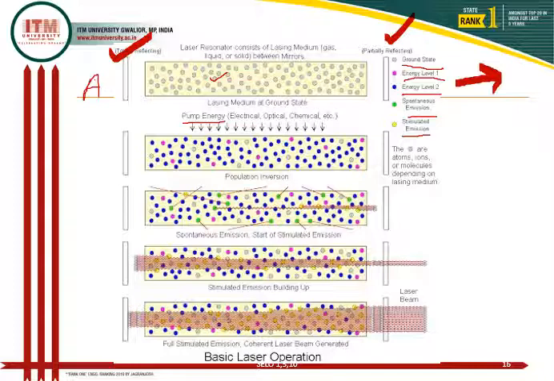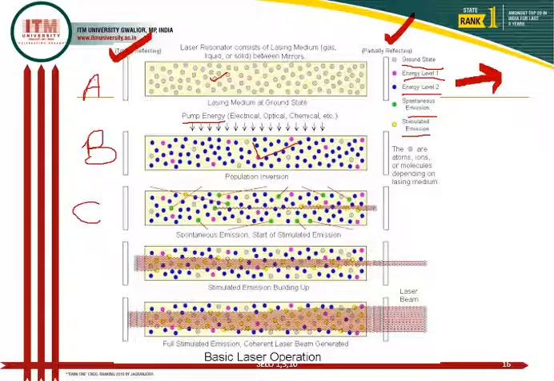It means some atoms move to the first excited state, some move to the second excited state. It depends on the material, but excitation is there due to this energy. I am talking about figure B. Now move to C.